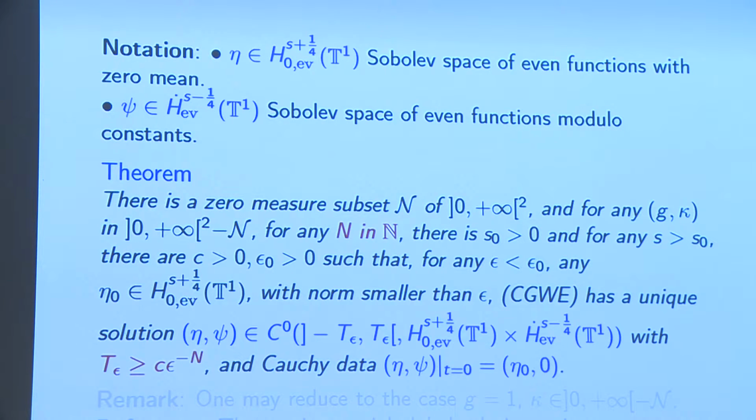So the theorem says that you may find a zero-measure subset, capital N, of (0, +infinity) squared.